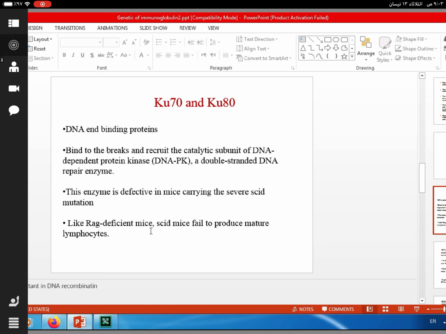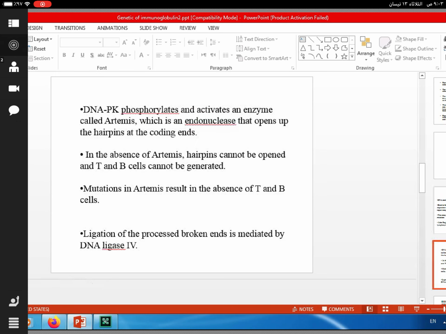Like RAG deficient mice, SCID mice fail to produce mature lymphocytes. So, if this protein is deficient in cells, B cells cannot recombine their genes, immunoglobulin genes.